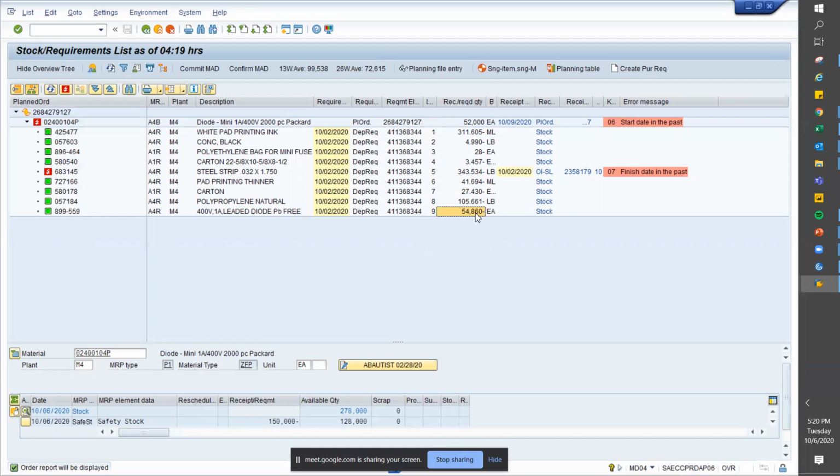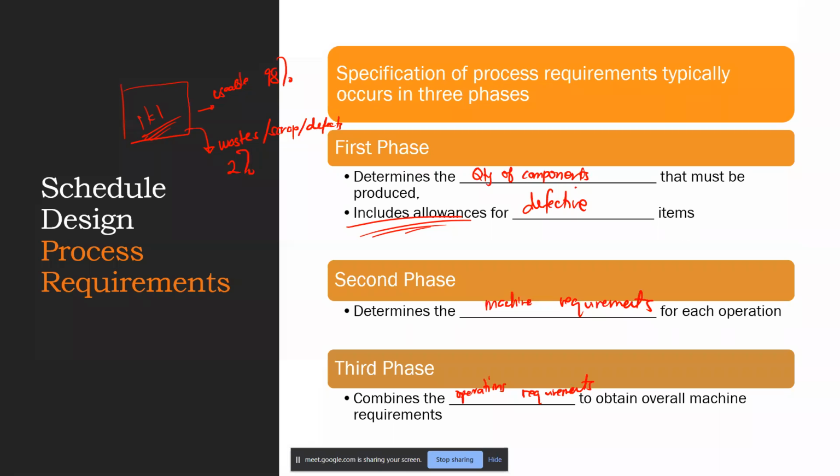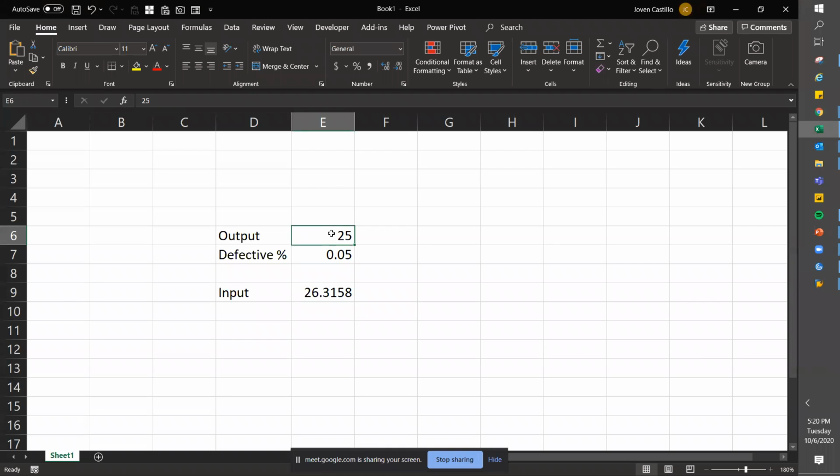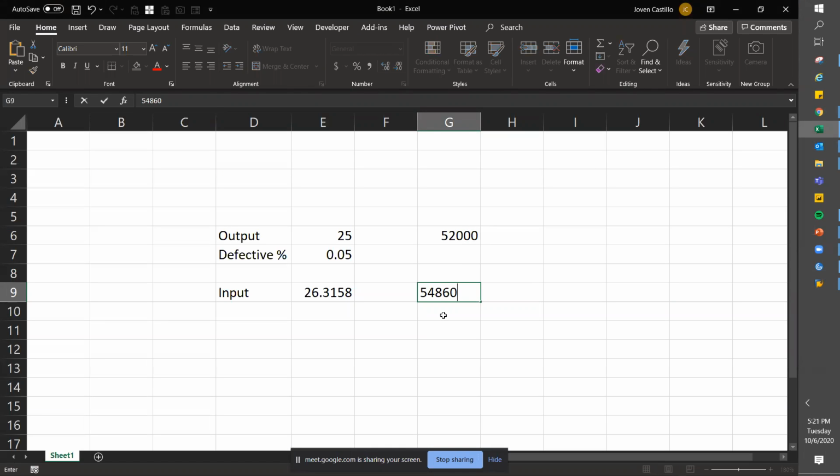Okay? So, ibig sabihin, may kinonsider tayo na allowances. So, kung i-recompute natin, sorry, ilagay ko dito. 52,000 pieces. That's my plan for the finished goods. And then for the input ng mga raw materials, sabihin natin na 1:1 siya. So, ano yung nakalagay dito? 54,860. Gaano karami kaya yung defective rate niya?